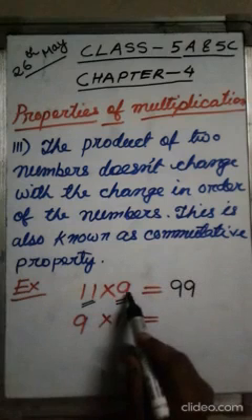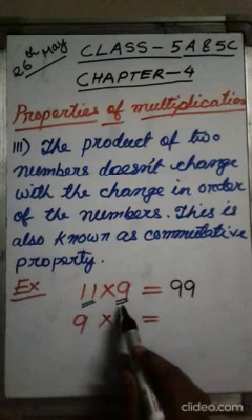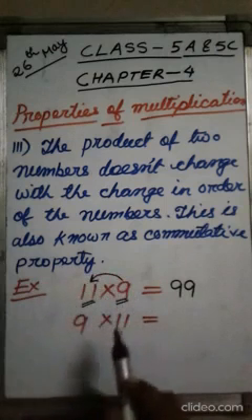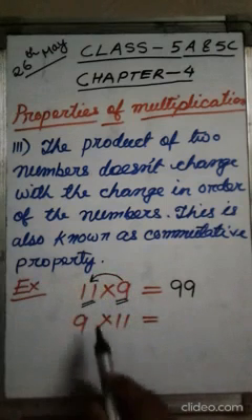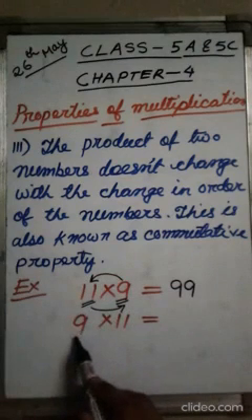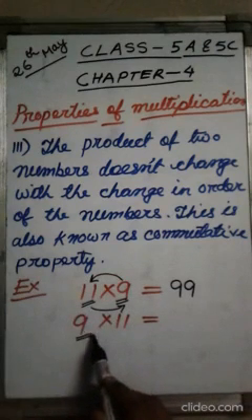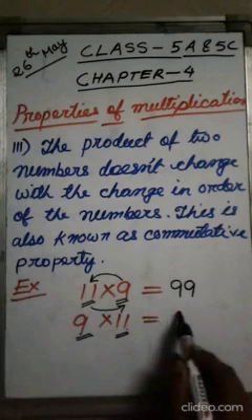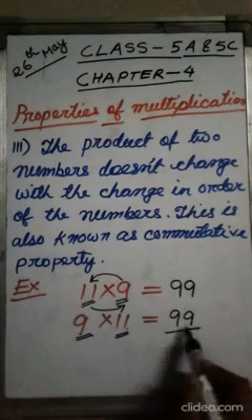If we change the order of the numbers, that means if I take 9 at the first place, 11 at the second place, 9 into 11 is 99.